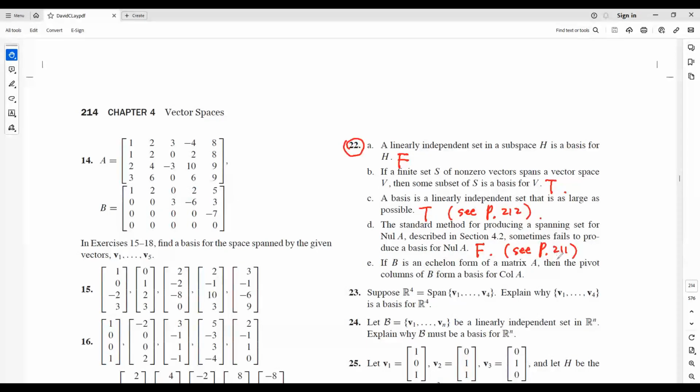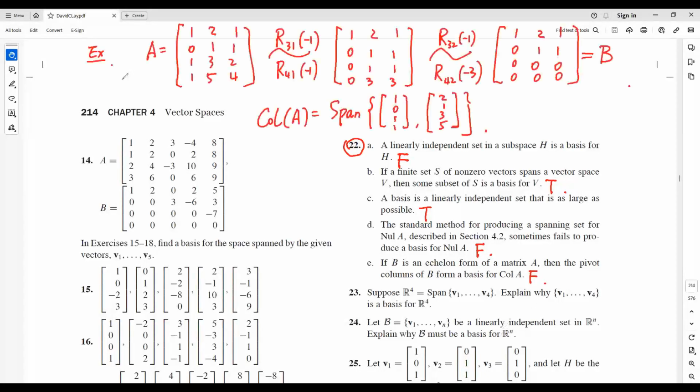E. If B is an echelon form of a matrix A, then the pivot columns of B form a basis for Col A. False. Example: A is this matrix. By these row operations, we get the echelon form of the matrix A, this one, equals B. The pivot columns of B are these two vectors.